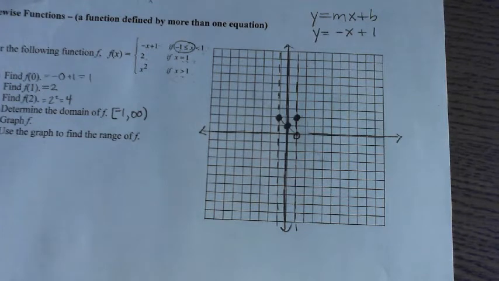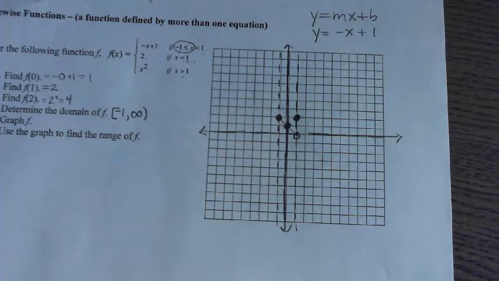So if I just want to see where x is greater than 1, I'm getting rid of anything that's less than 1. And then right at 1, what am I doing? That's an endpoint, and it's not closed. Open. So it's going to be kind of a parabola from that point forward.